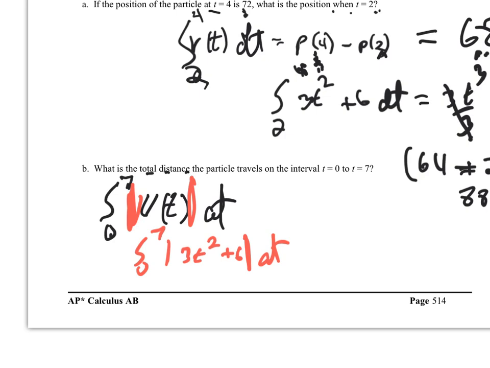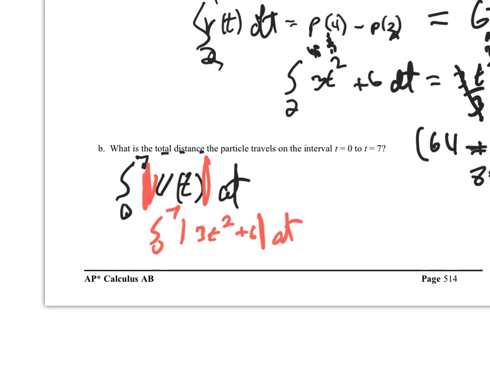So what does that imply? Any negative area you had actually becomes positive area. He did say this is non-calculator. What does that look like?